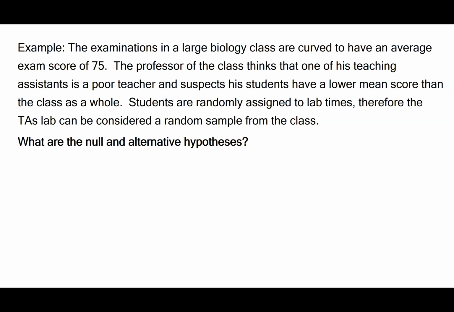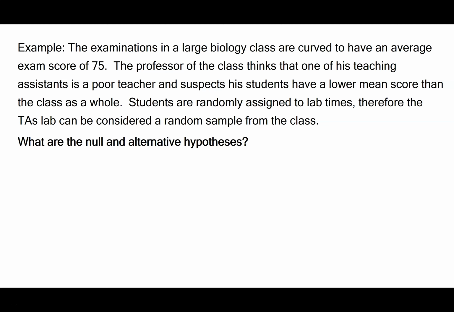The exams are set up so the average score is 75. They are really unhappy with one of their TAs, and I guess they want to make a question out of it, which seems really mean. Students are randomly assigned to lab times, so we can basically assume that the students assigned to this TA were assigned at random.